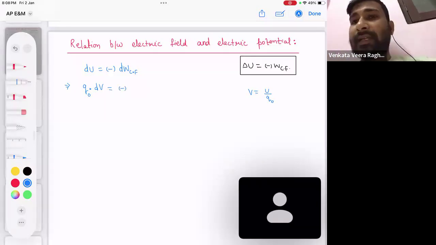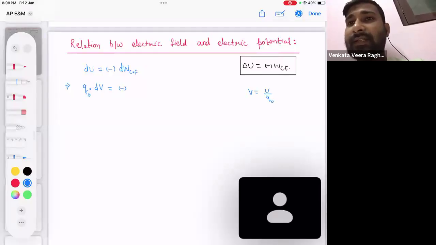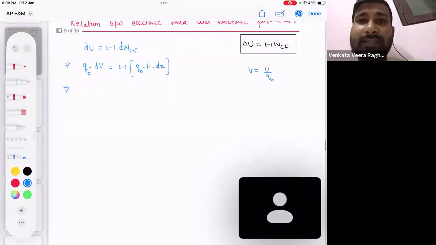Work done can be written as force into displacement. And we are discussing here the electrostatic force. Electrostatic force will be how much? Charge multiplied by electric field into a small displacement, let's say dx happened. So the charge cancels out here, and you can also write the vector symbol E dot dx.